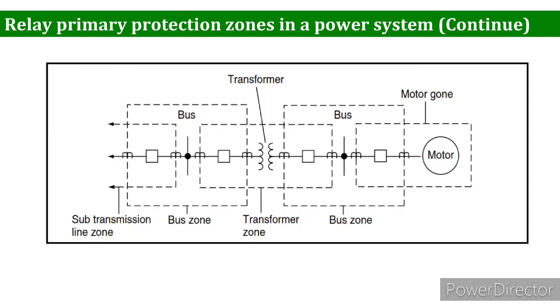Well, this is the complete setup which is present in every generation to transmission, and transmission to distribution, and distribution to local industrial distribution setups. We can say that these figures are basically relay primary protection zones that you can mention in a power system.